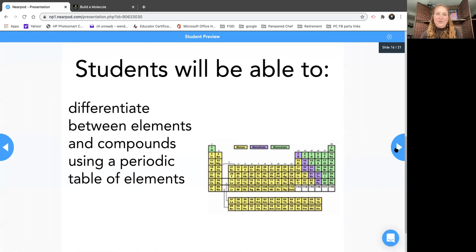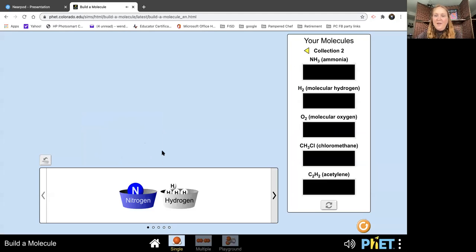That would be the I do. The we do, like I said, I will have students go back to this PhET simulation and we will be doing it together and discussing it as we go. I'll then give them some time to work on that independently and record their you-dos by themselves in their journals.